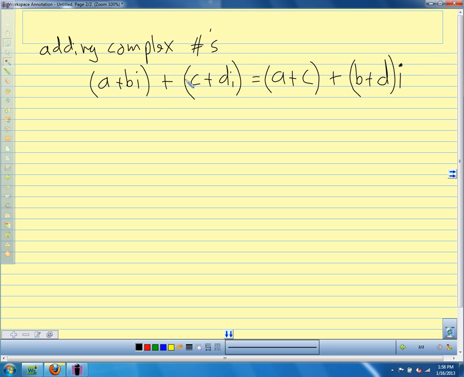So we just add the real parts together, add the imaginary parts together separately. And if we subtract complex numbers, basically we're doing the same thing. We just subtract the real parts and subtract the imaginary parts.